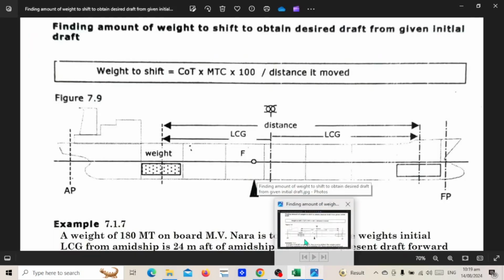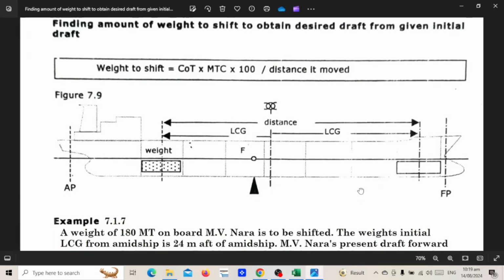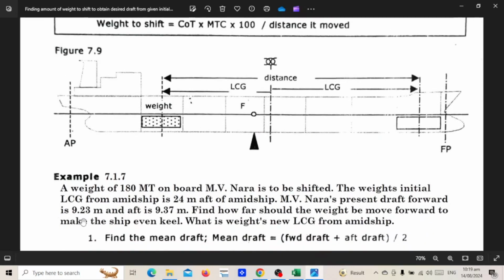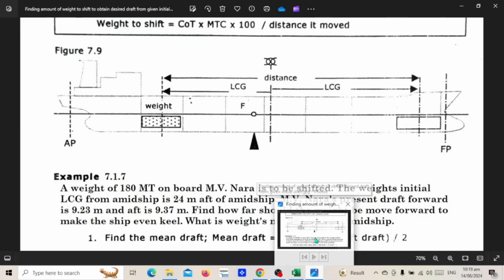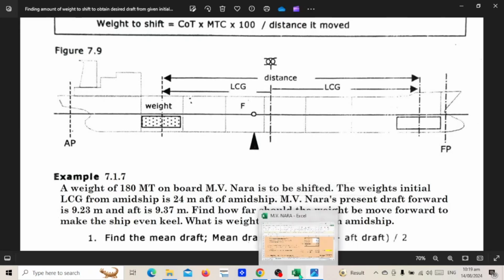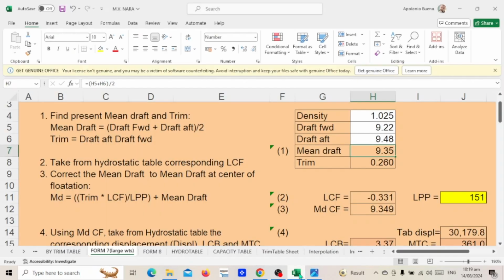Our initial draft is 9.23, and our current draft now, that will be forward, right, 9.23, and our current draft is 9.22, less by 1 centimeter.